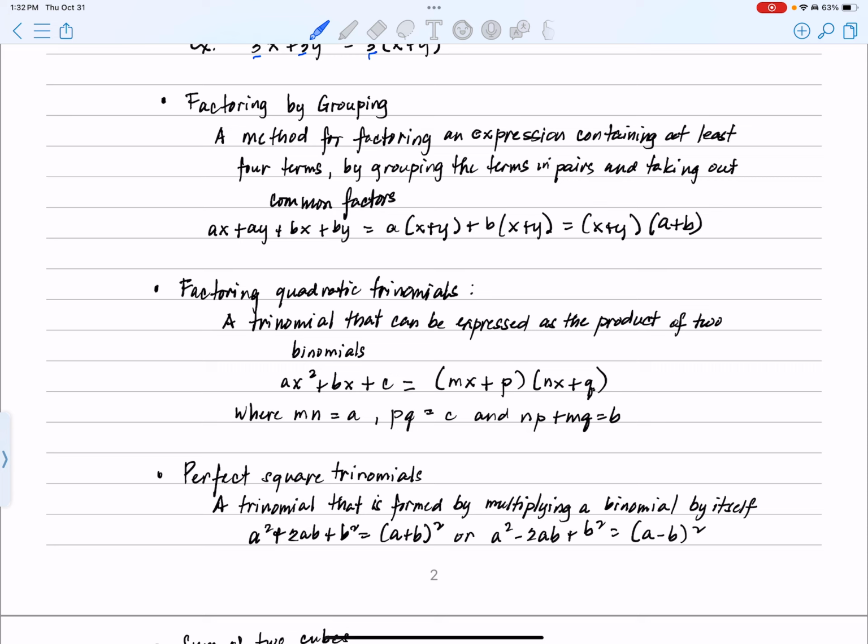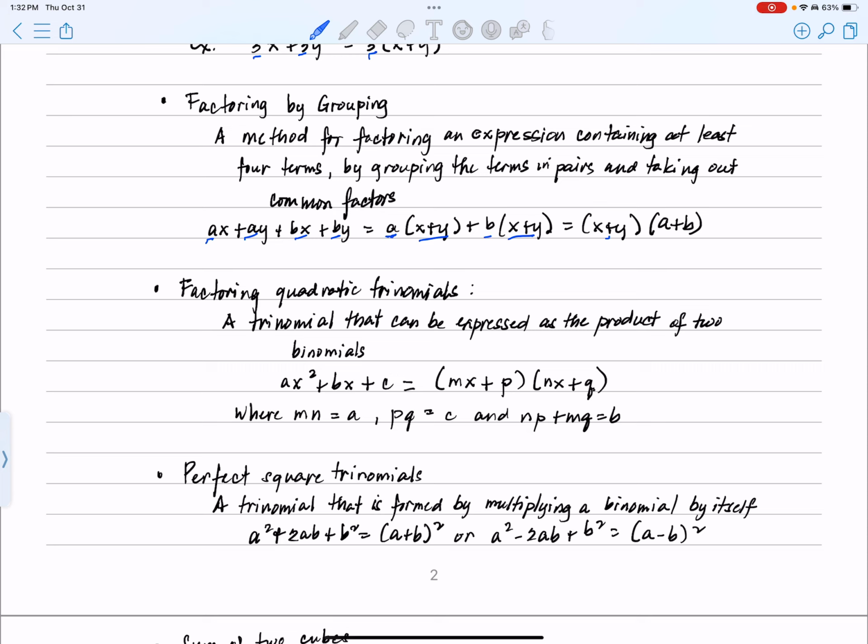Like this, you have ax plus ay, bx plus by. So a is common in the first two, so you factor out a, and b is common in the last two, so you factor out b, then x plus y. And the common factor is x plus y times a plus b, the coefficient.